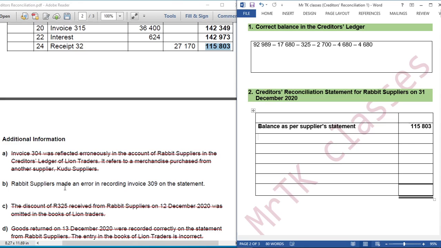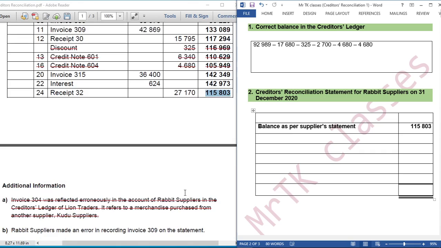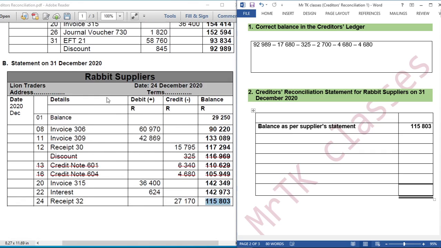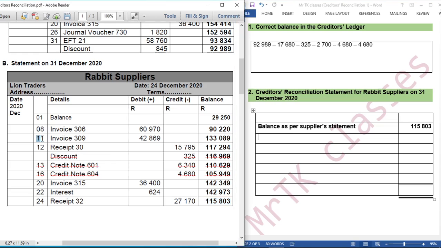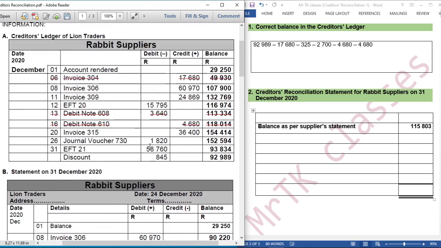Rabbit Suppliers made an error in recording invoice 309 on the statement. Okay, let us see here. Invoice 309.